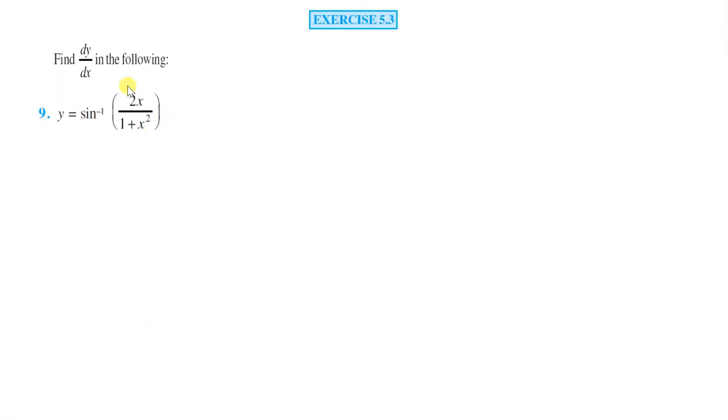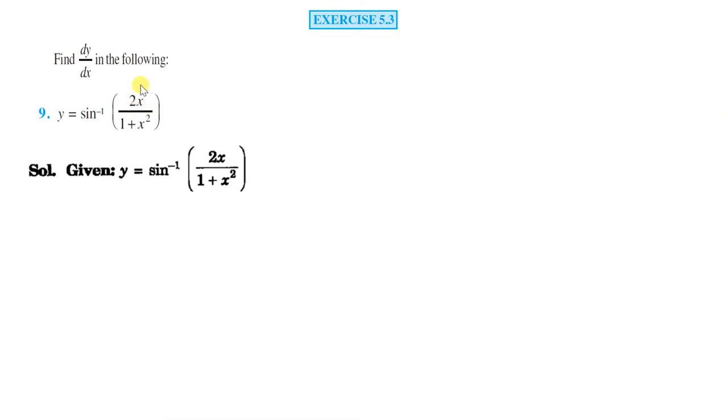Let us do one more question of the exercise. Find the derivative of y equal to sine inverse of 2x upon 1 plus x square. Here we will simplify the right hand side first, and for simplification we make a substitution.